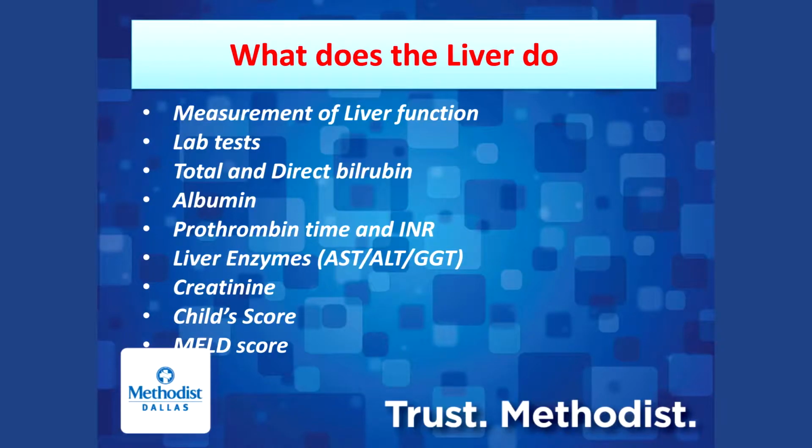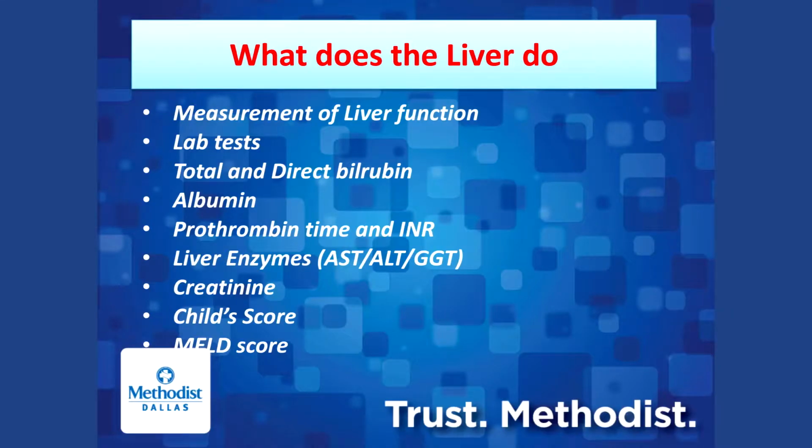Bilirubin is a breakdown product of hemoglobin. Red cells have a finite life, and when they break down, they produce this chemical called bilirubin. Bilirubin is exclusively processed in the liver and sent out into the bile, which colors the stool brown, and it's out of the system.